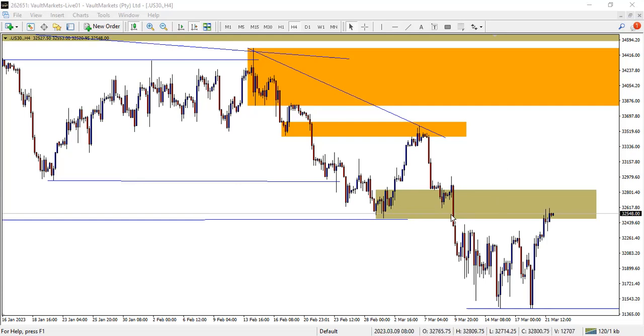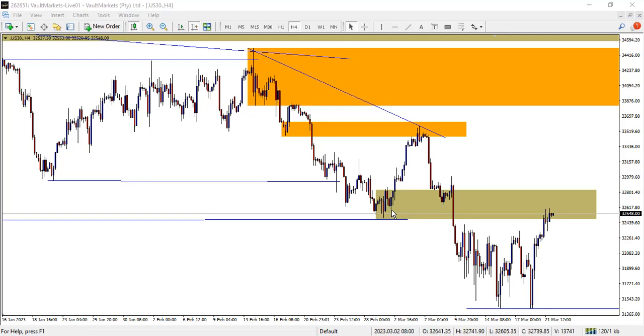Let's start here on the first order block here. All right, cool. Now we marked this from W1, right?